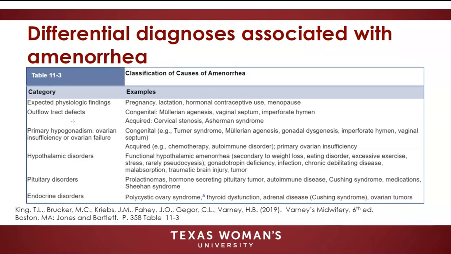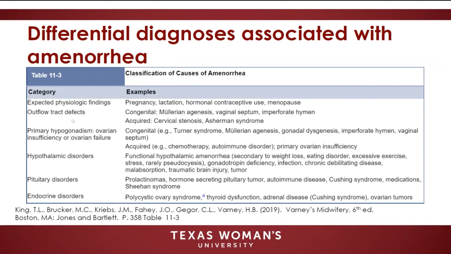Obviously, we don't expect 12 consecutive months without menstruation in someone who's 35 or 40. That could be premature ovarian malfunction, or failure. That's someone that's probably not going to wait 12 consecutive months to come in and see you.